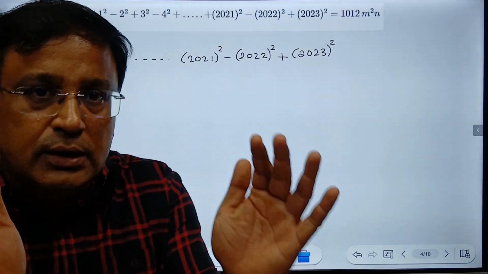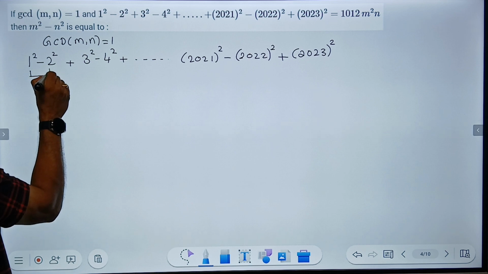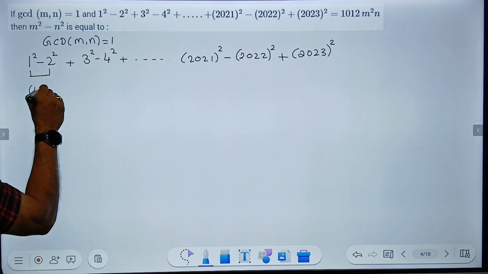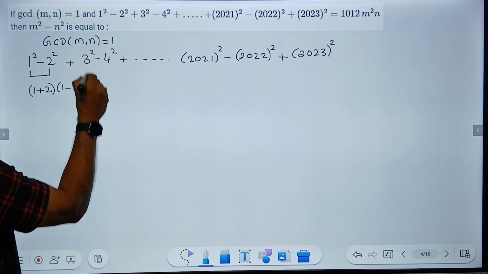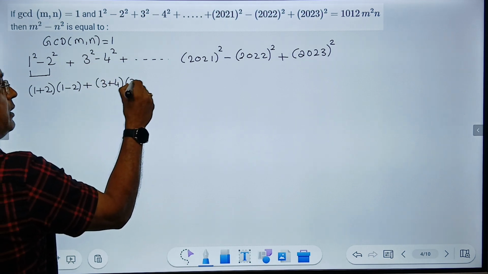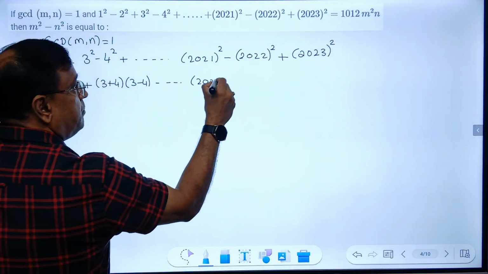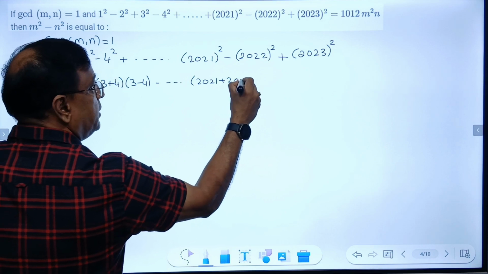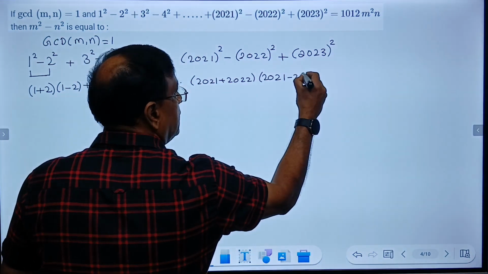Now how you look at this is very important. If you carefully look at this, I can use a square minus b square. What is that? a plus b into a minus b, correct? What about this? a plus b into a minus b. If I continue to do that, it will be a plus b into a minus b.